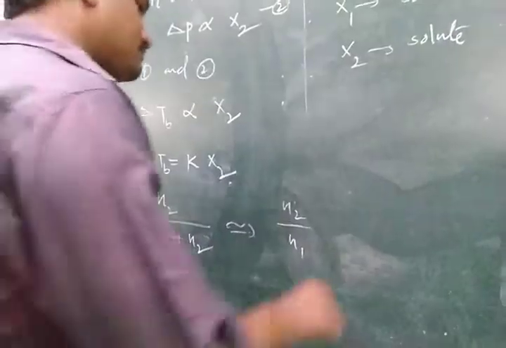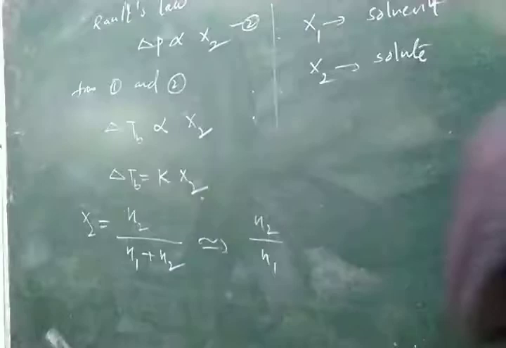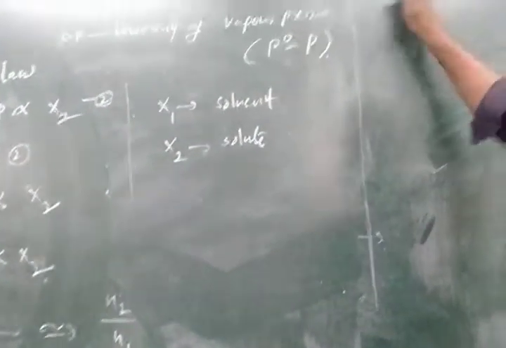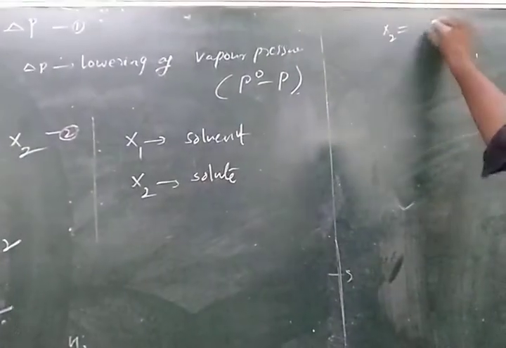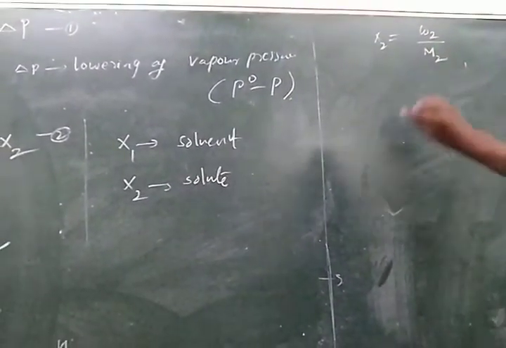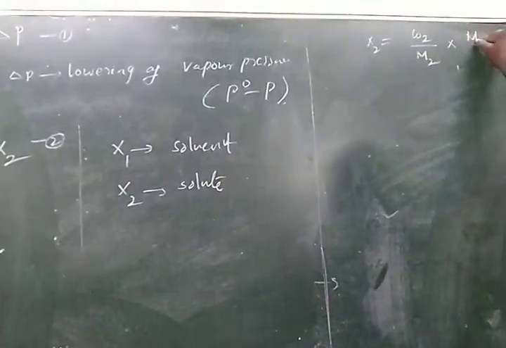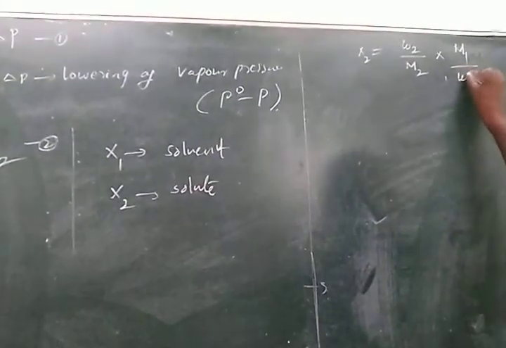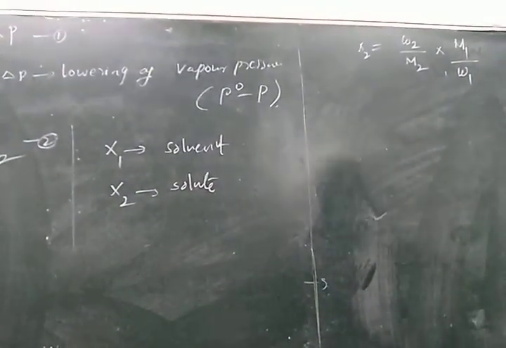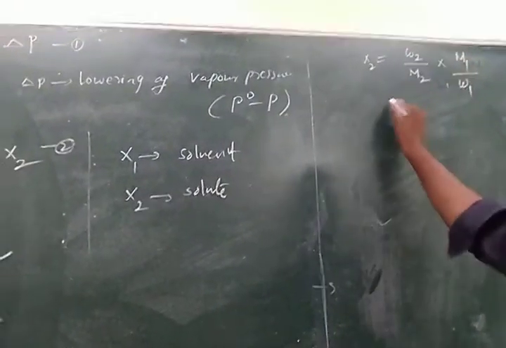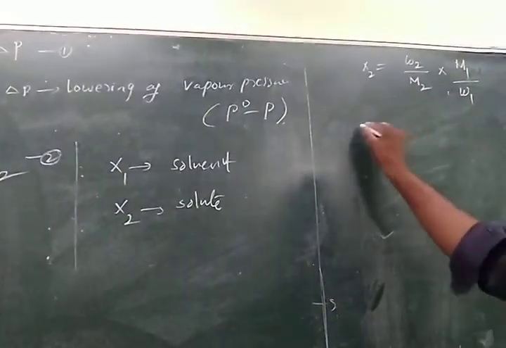From this, x2 equals the weight of solute by molecular weight of solute, into the molecular weight of solvent by weight of solvent. This term belongs to the number of moles of solute.